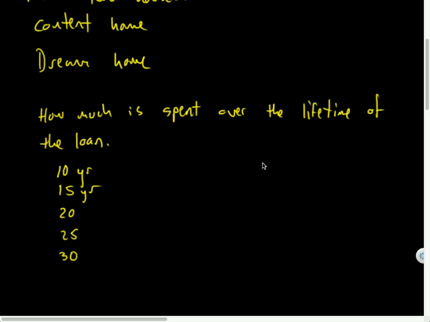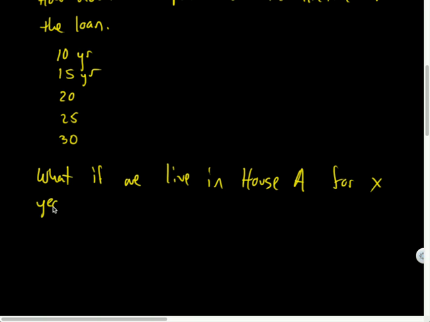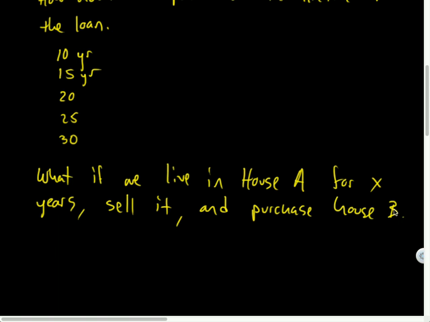The final part of the project is where we'll consider what if we live in the content house for, say, 15 years. So what if we live in house A for X years, sell it, and purchase house B. So we're trading up.